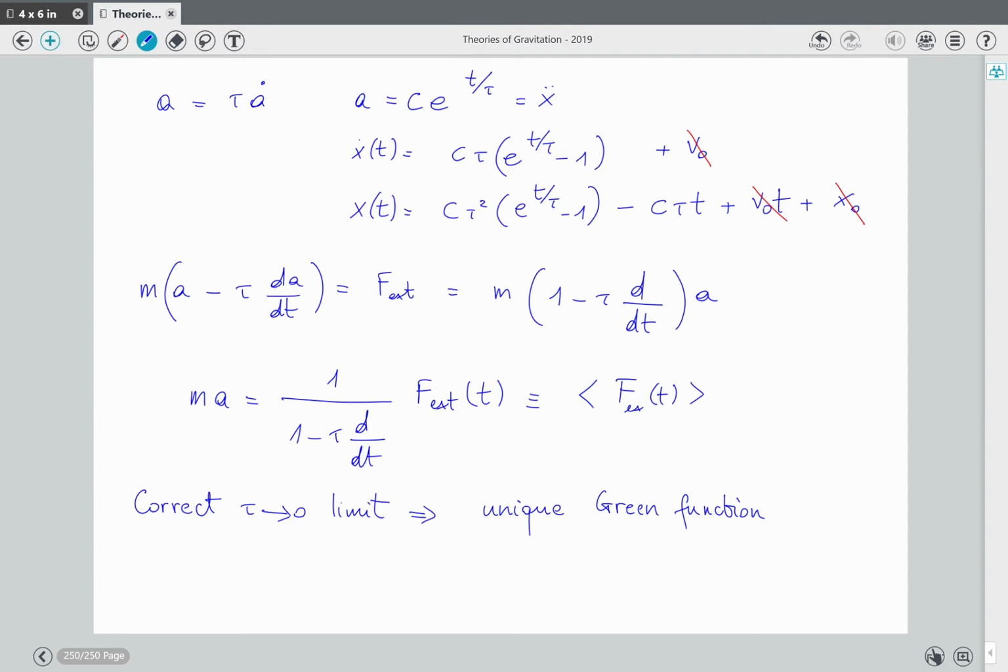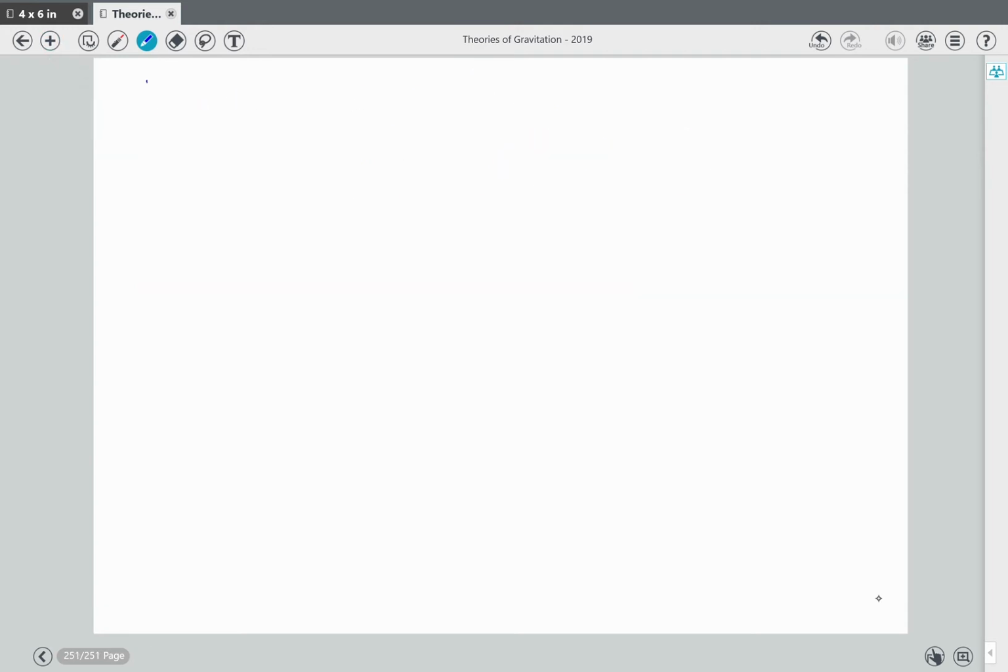Now I write the most general solution and the particular solution. The most general solution is m a equals minus 1 over tau integral, let's say, from minus infinity to t, dt prime e to the (t minus t prime) divided by tau, external force calculated at t prime.